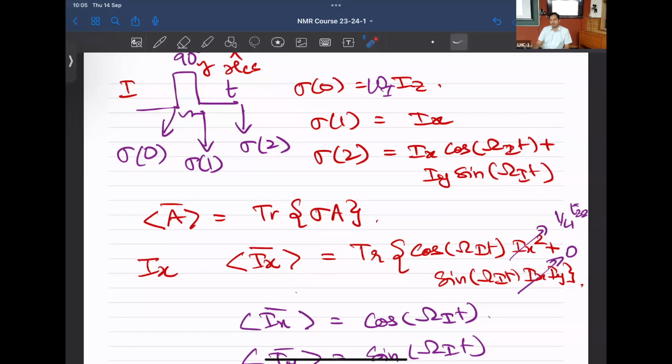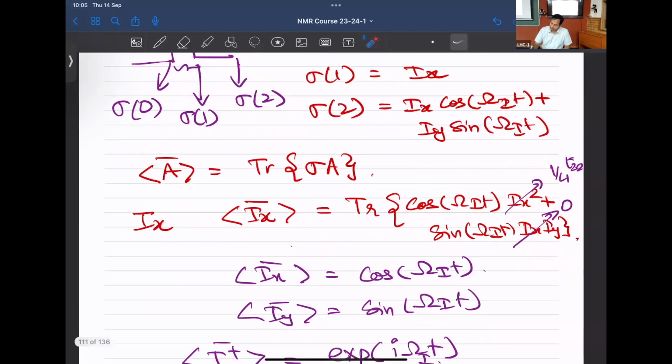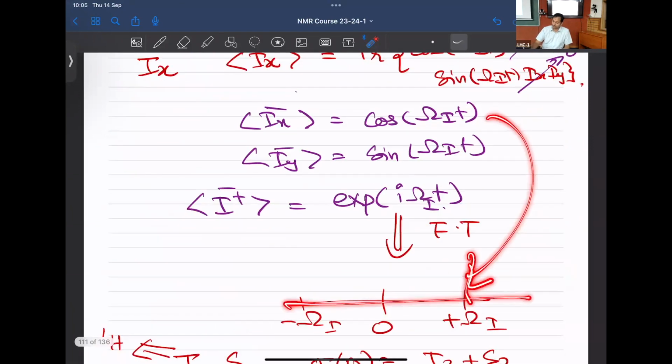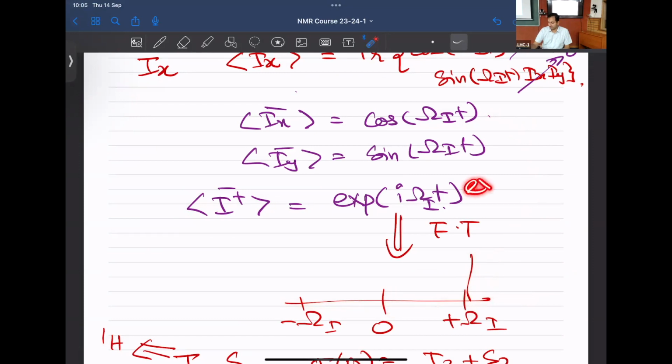Everybody recollects this, right? So from here, we move on to saying the Fourier transformation will give a delta function. Of course, there is an exp minus R2 t, which we will neglect and not discuss during the class, but it exists.